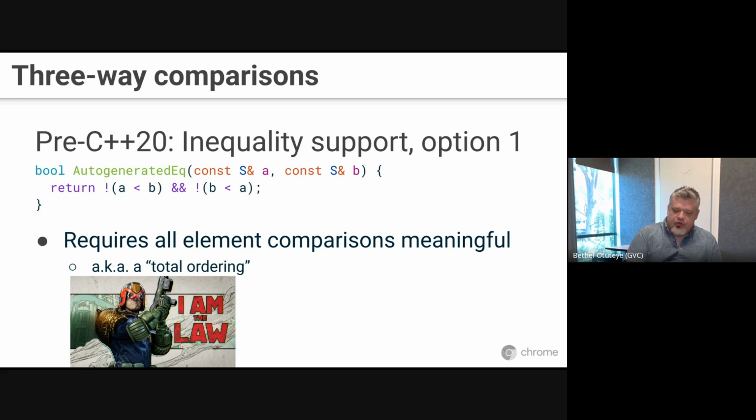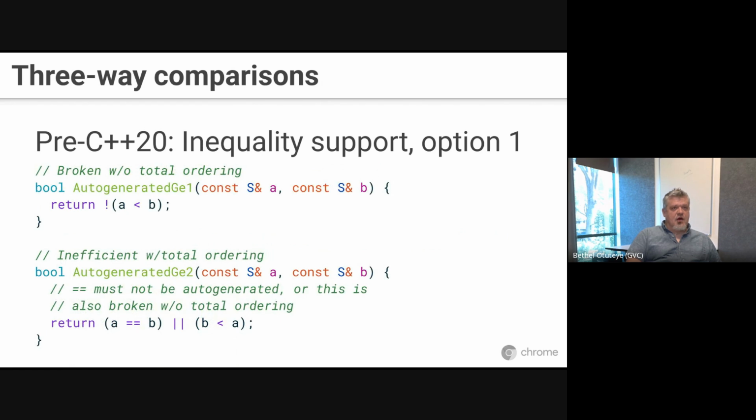Equals isn't the only operator that is often auto-generated from less than. We can also look at how another operator suffers from total versus partial ordering problems. Here are ways to try to auto-generate a greater than equals operator from less than. If we try the first route, just negating less than, this is broken without a total ordering the same way our eq was broken without a total ordering.